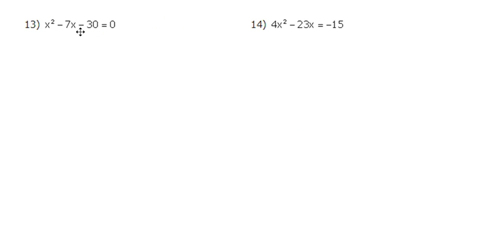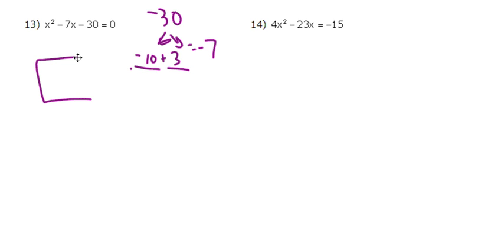So 2 more. This one, it's got 3 terms. There's no GCF, so I do the box method. I need to find something that multiplies to negative 30 and adds to negative 7. So that's negative 10 and positive 3. I make the box just like I always do factoring.